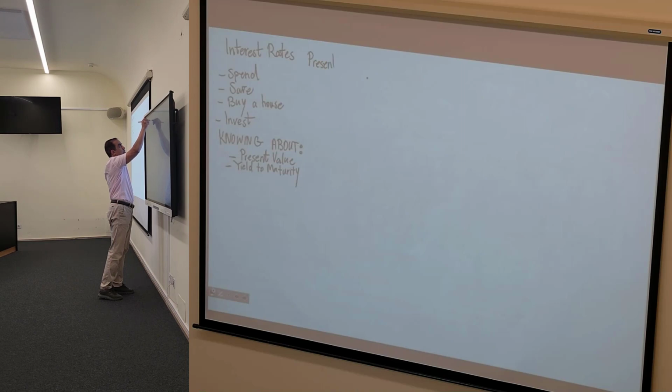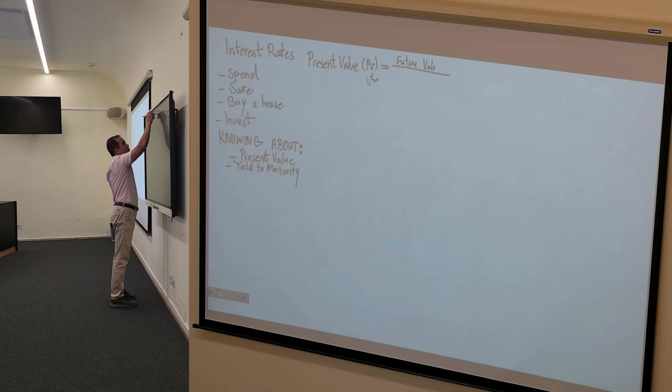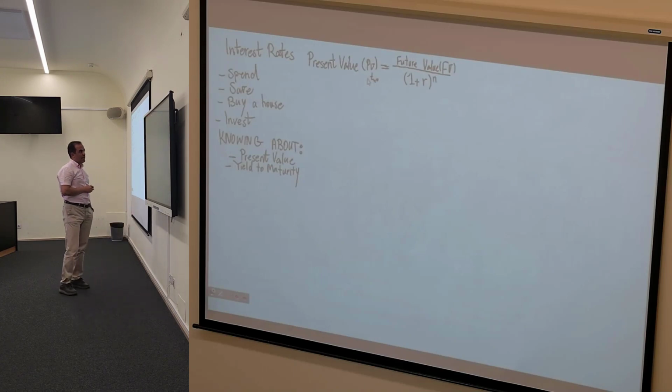So the present value, or PV, at time 0 is the future value over 1 plus the interest rate, over n.